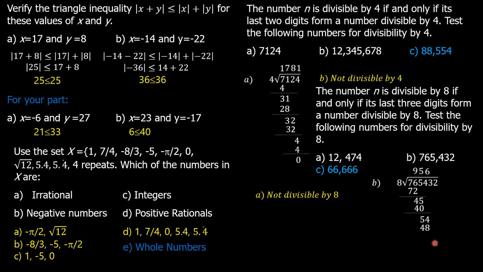Subtract, 54 minus 48 is 6, bring down 3. So 63. 63 divided by 8 is 7. 7 times 8, 56. Then 63 minus 56 is 7, bring down 2, so 72. 72 divided by 8 is 9. So 9 times 8, 72. There's no remainder, therefore it really shows that 765,432 is divisible by 8.